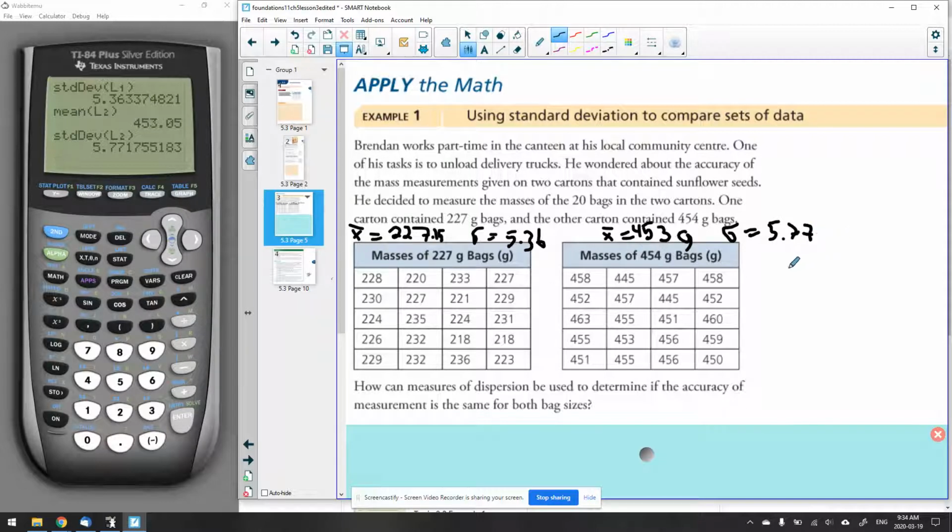So if I've entered my data correctly, the standard deviation for the smaller bags is smaller, so that means that the smaller bags are more consistent. Big standard deviation means big inconsistencies.